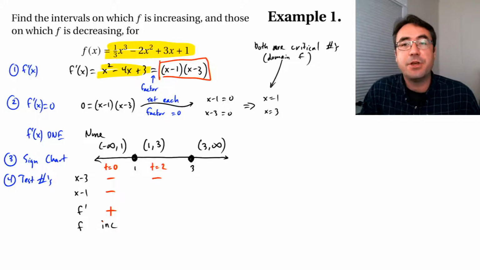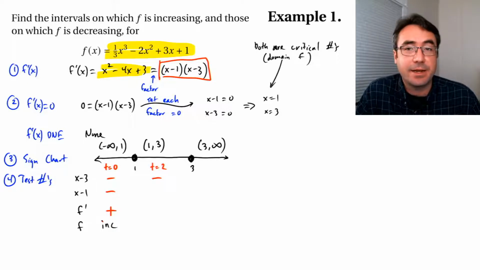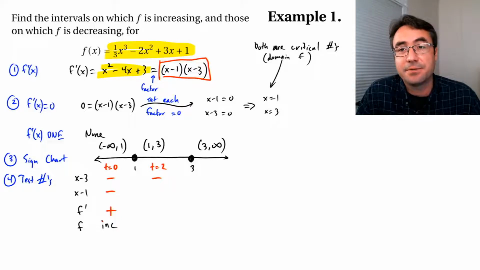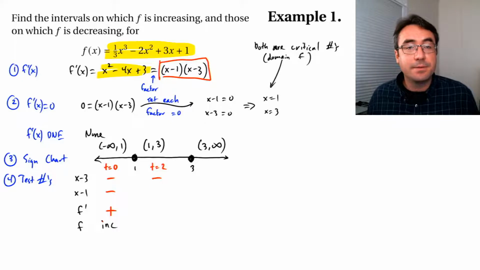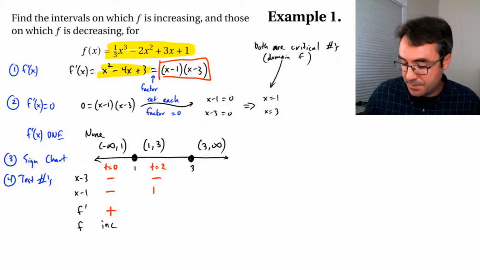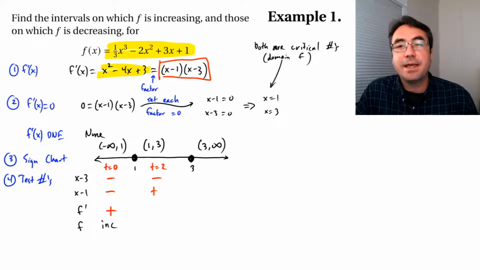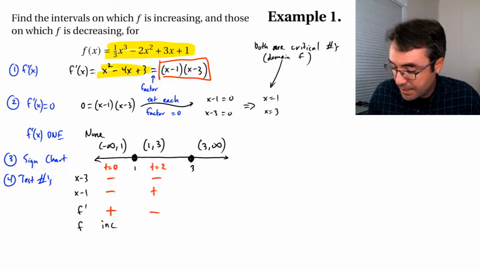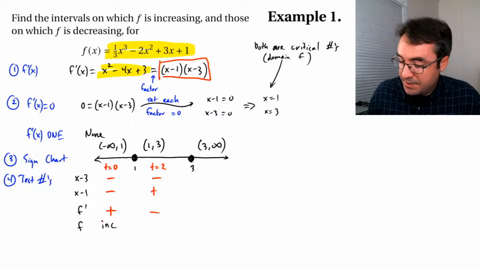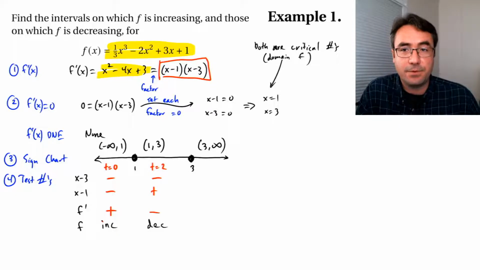We don't really worry about the number. We just want to know, is it positive or negative? So 2 minus 3 is negative. Then we go to the other factor, 2 minus 1, that's positive. And so when we take a negative number and we multiply it by a positive number, the result is negative.